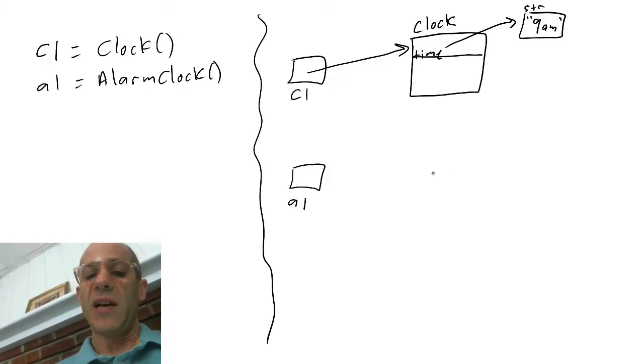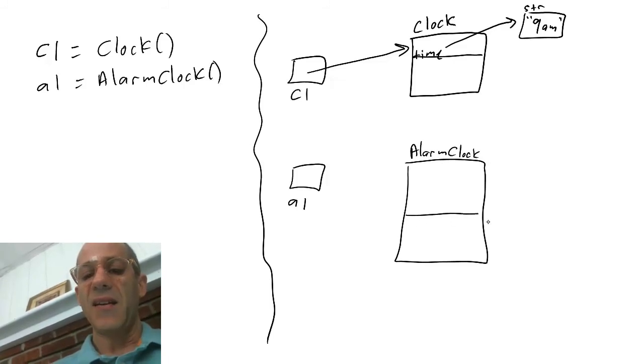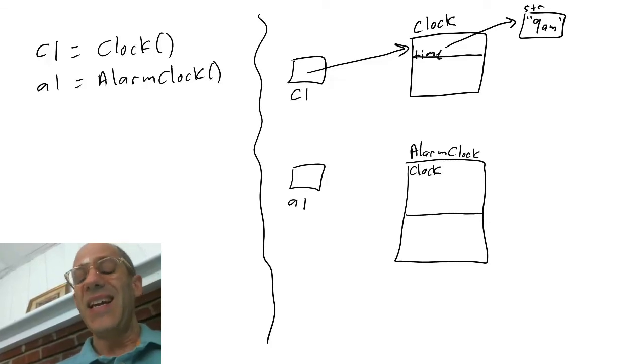Now what does alarm clock look like? Well, it's almost the same, but instead of alarm clock being a simple class, it contains essentially inside of it a clock, because it is a clock. Right? Remember, that is a relationship. And then in addition to that clock, it also has the new stuff that makes it an alarm clock.